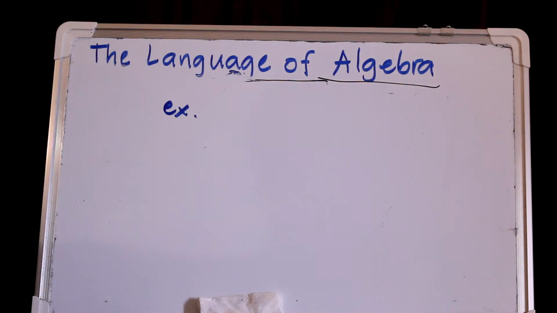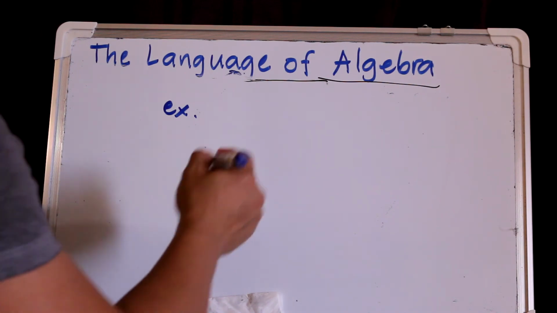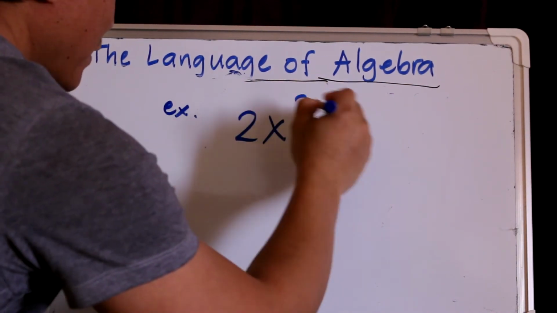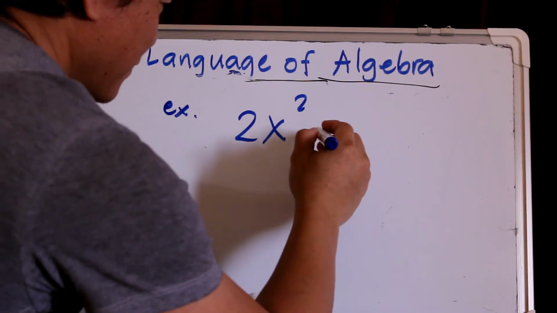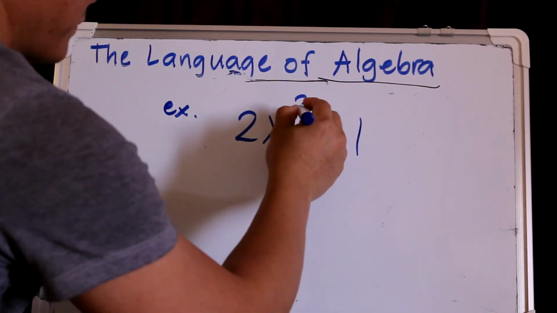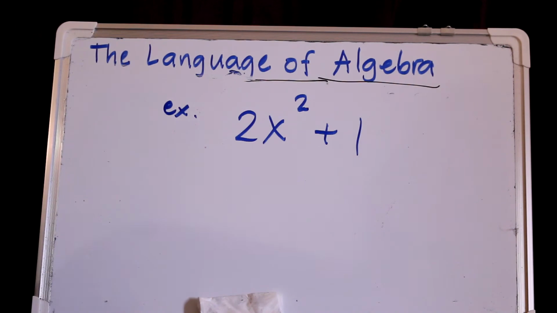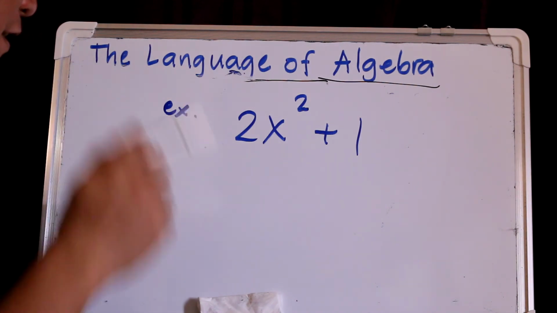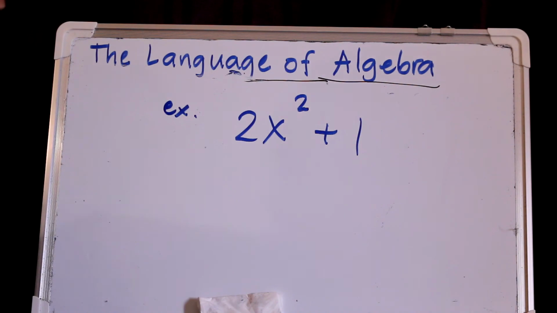Let's take for example 2x squared plus 1. There are terms that we need to remember and bear in mind for the whole algebraic journey that we are going to take.